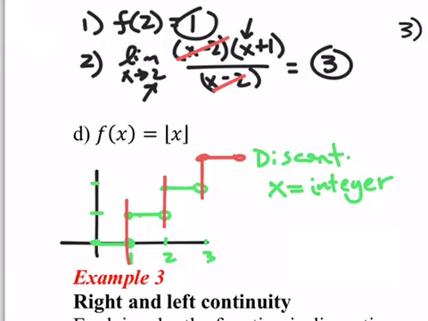The limits from either side would not agree. Right, so we have a limit and we have an output value, but those output values just don't equal those limits. Therefore, we would say for all integer values of x, for all integers, this function would be discontinuous.